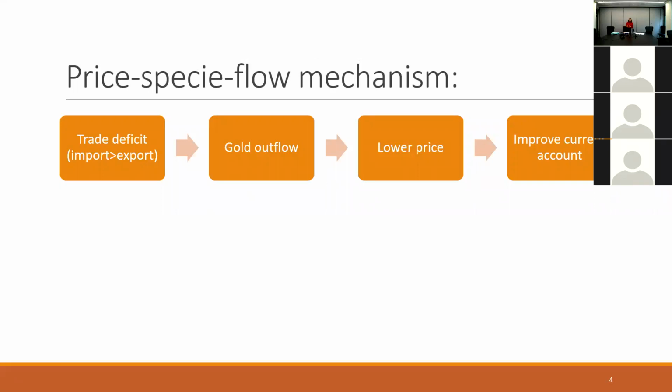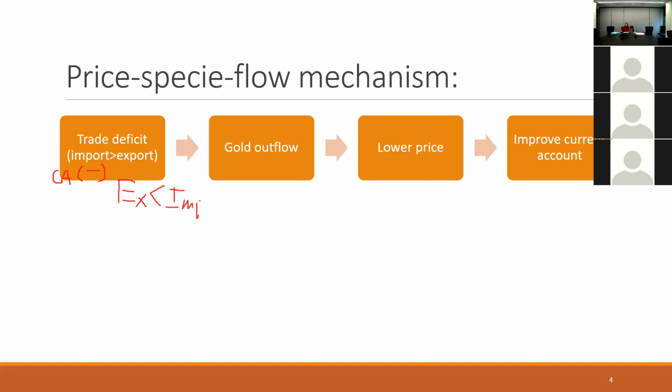So as an example, let's look at the case where the country has a trade deficit, right? So when we have a trade deficit, what does that mean? That means our trade account is negative, yeah? So our current account is negative. So when our trade account is negative, that means we are not selling as much as we are buying.